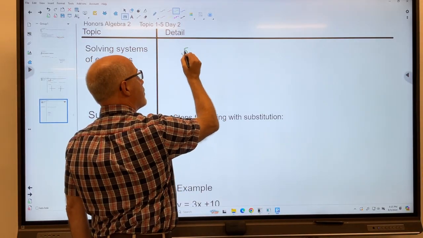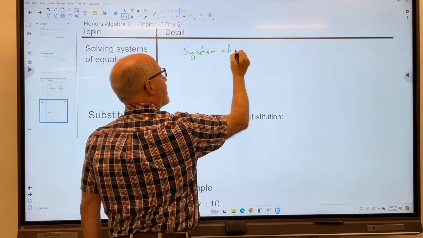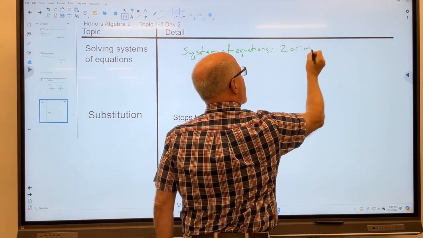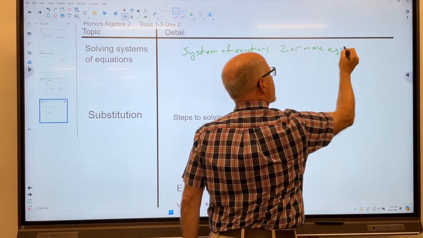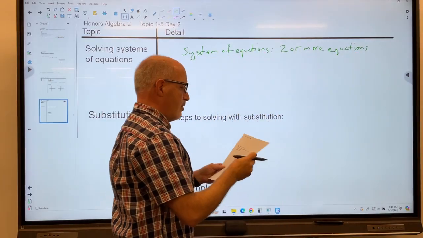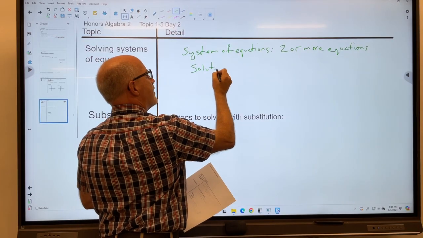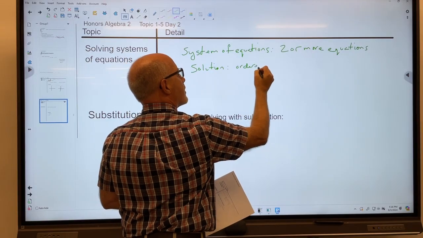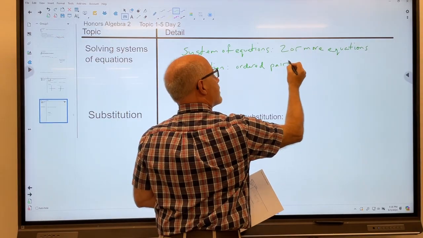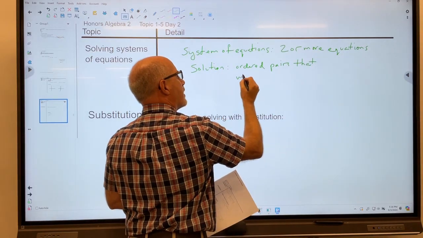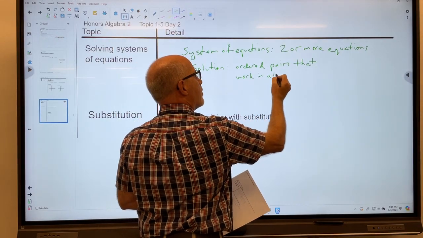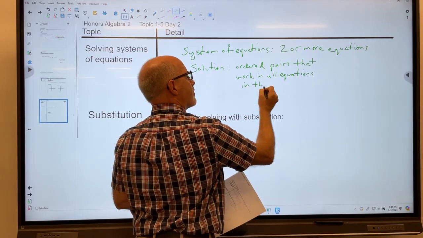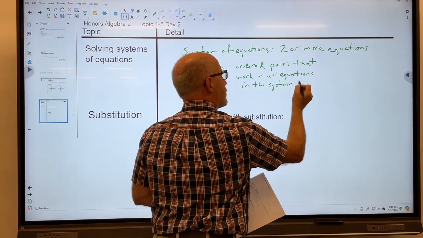Just a reminder, a system of equations is two or more equations, and the solution to it, in this case, because we've got x's and y's, the solution is the ordered pairs that work in all equations in the system. So that's our goal, is to find those.